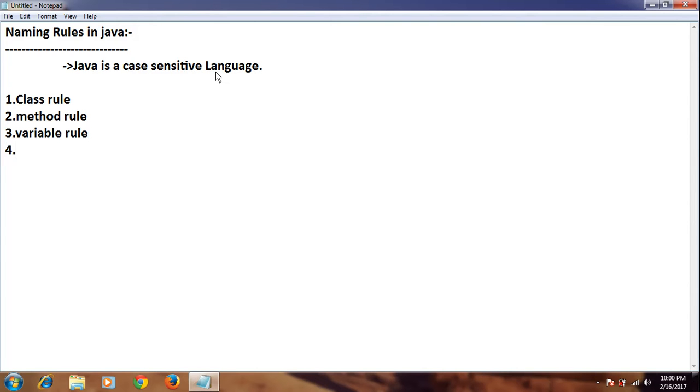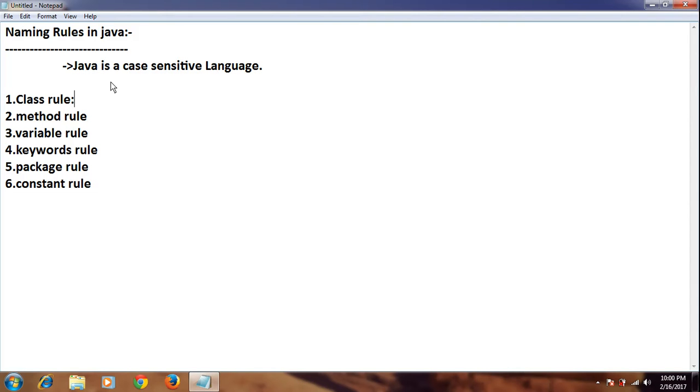One more is keywords rule. One more is package rule. And one more is constant rule. So these are the main rules we have to follow whenever you want to write any Java programs.